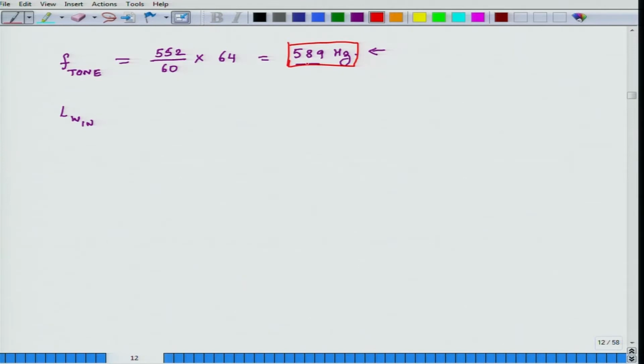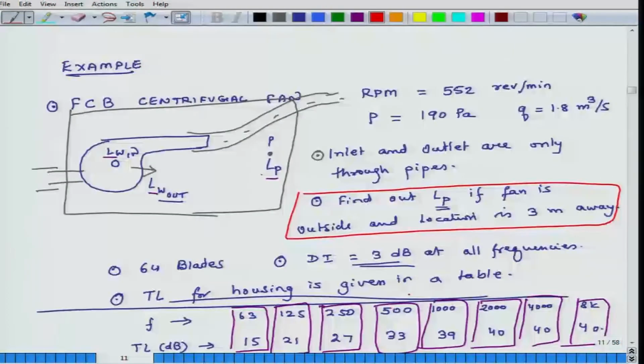Let us look at this table. 589 hertz is the tonal noise. Which band will it lie in? Will it lie in the 250 hertz band, or 500, or 1000 hertz band?